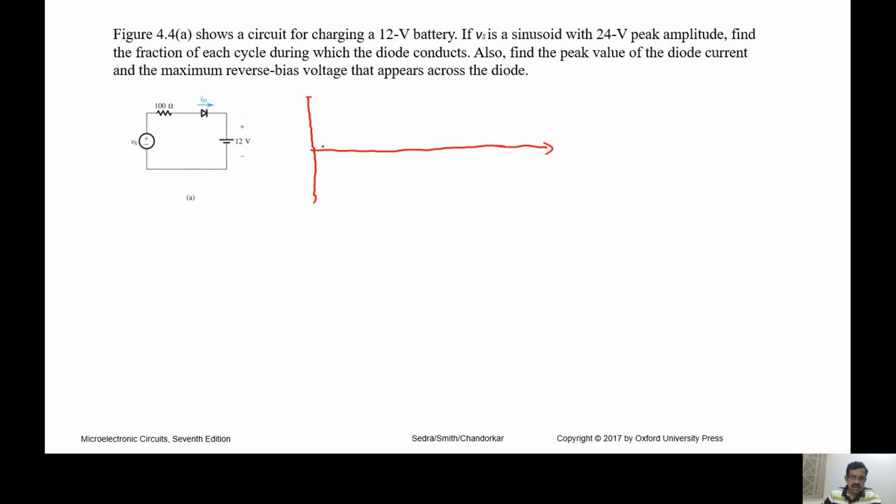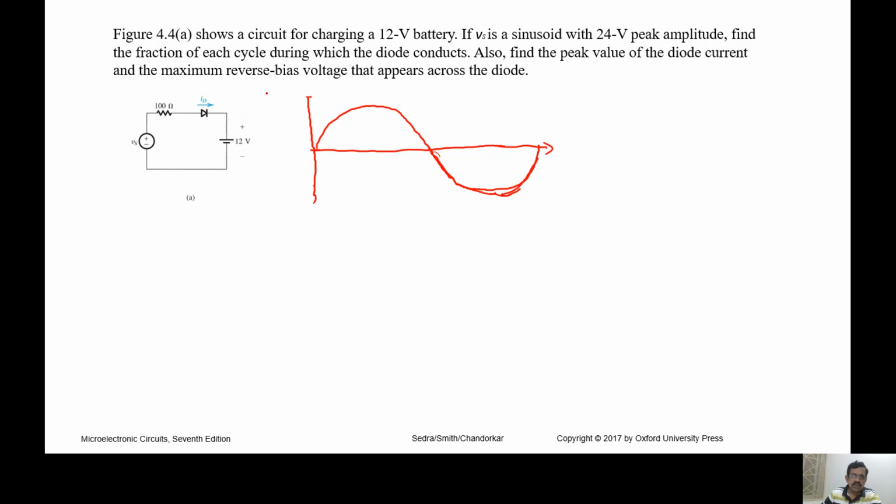Trace. The input trace goes like this. Assume that it is symmetrical. Of course, I have to draw the sinusoid.